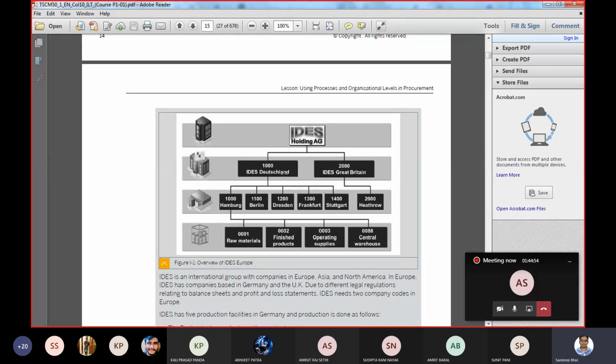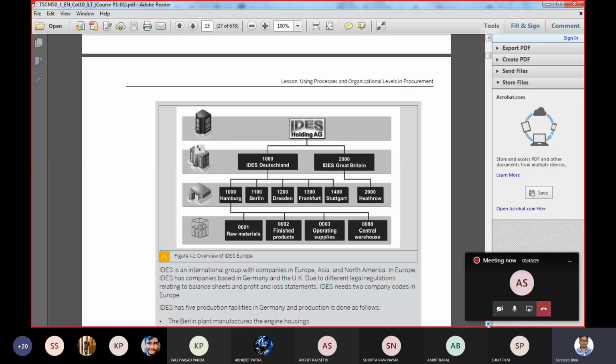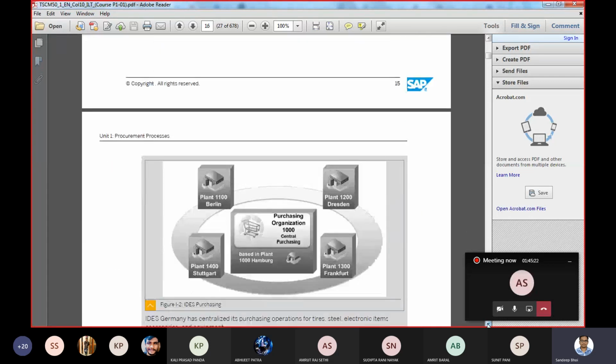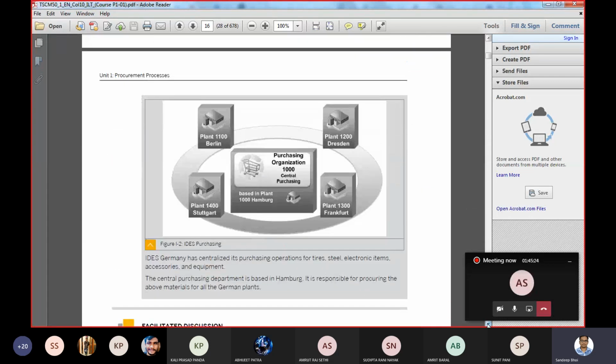Since SAP is German-based, the example is based on a German company in Berlin, and most of the street names and plants are based in Germany.